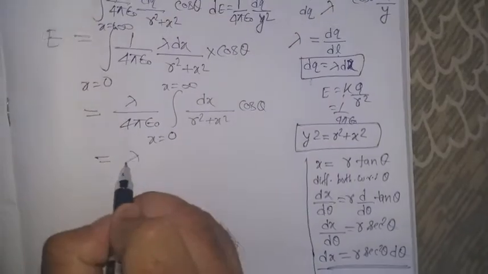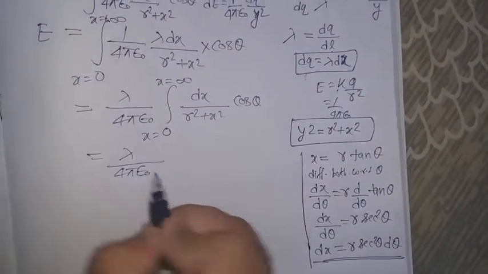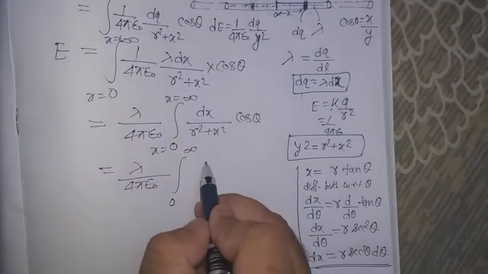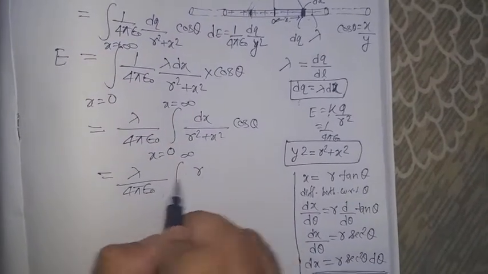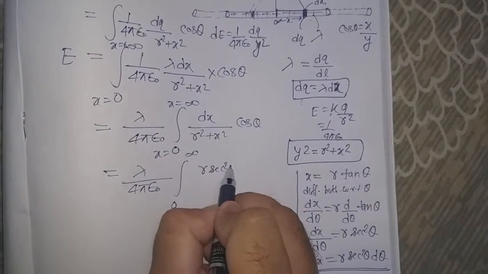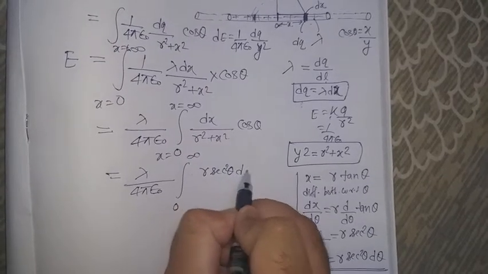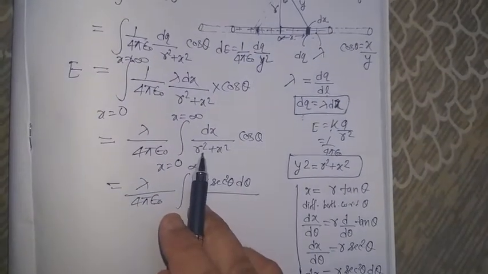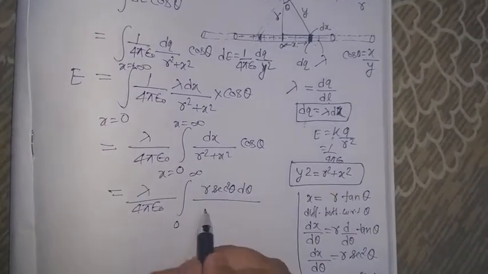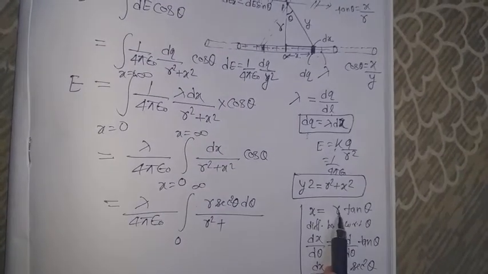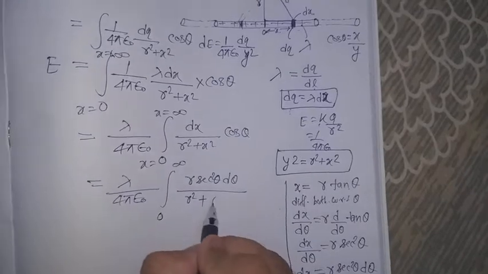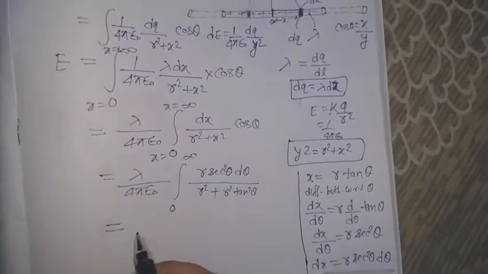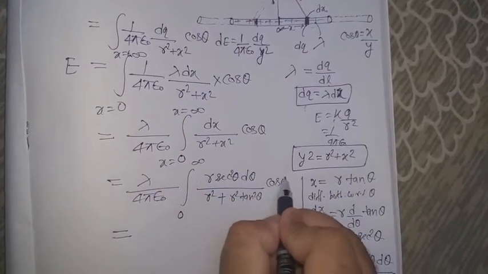So this becomes lambda upon 4 pi epsilon naught, 0 to infinity, and the value of dx is r sec square theta d theta, upon r square plus x square. X equals r tan theta, so x square equals r square tan square theta, into cos theta.